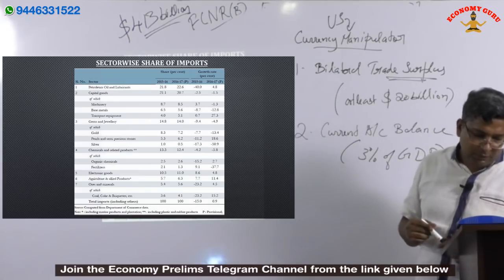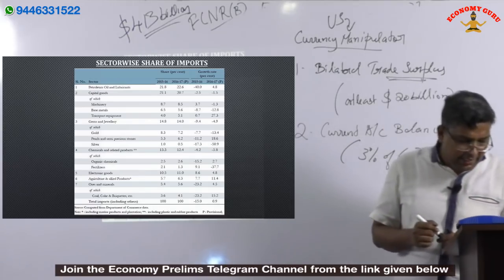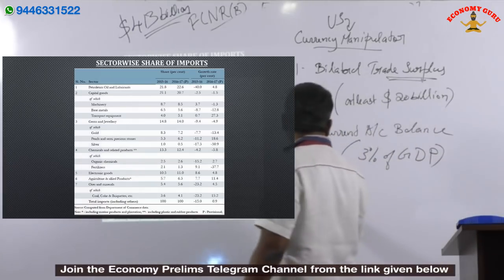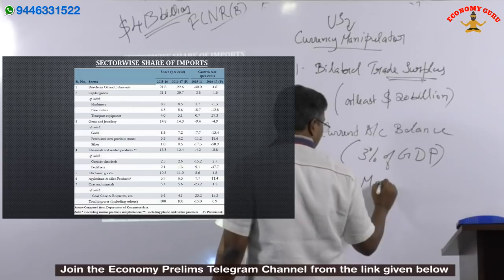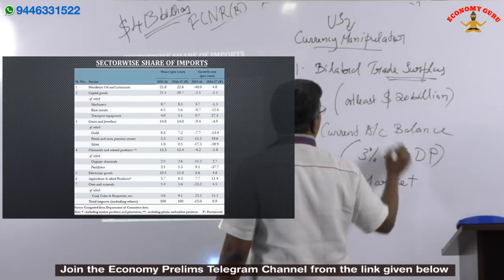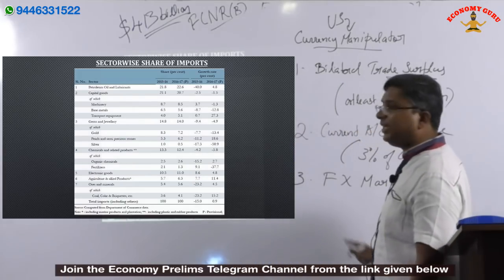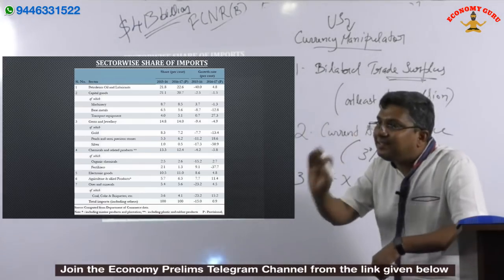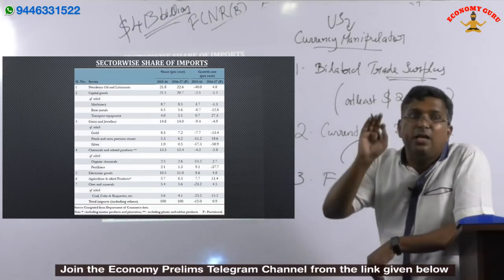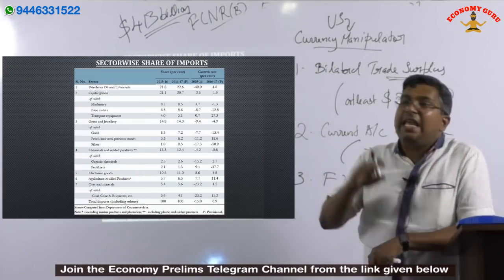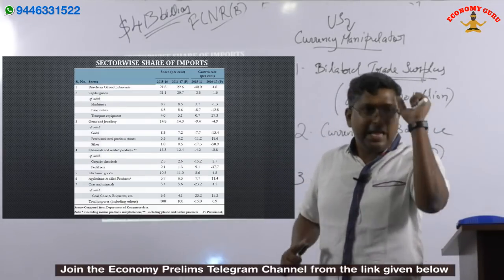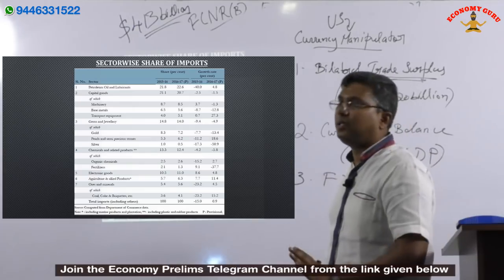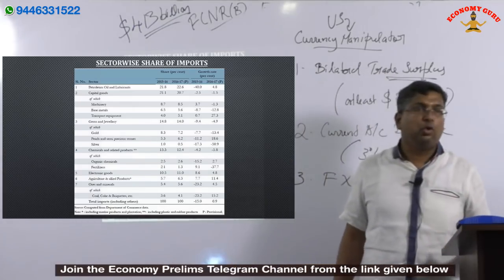And the third one is a persistent one-sided intervention in the foreign exchange market. Persistent means continuous, just write down this point: persistent intervention in the foreign exchange market. Who will be intervening?